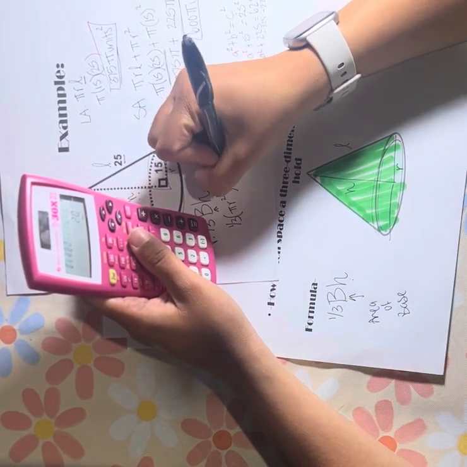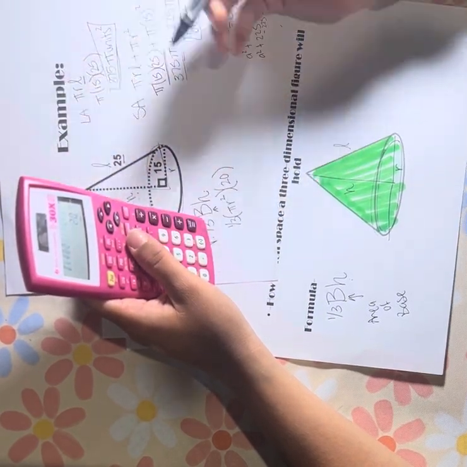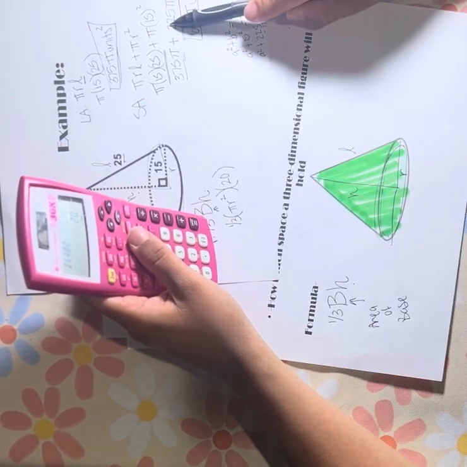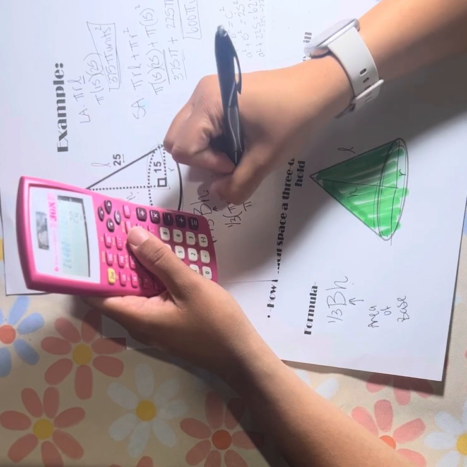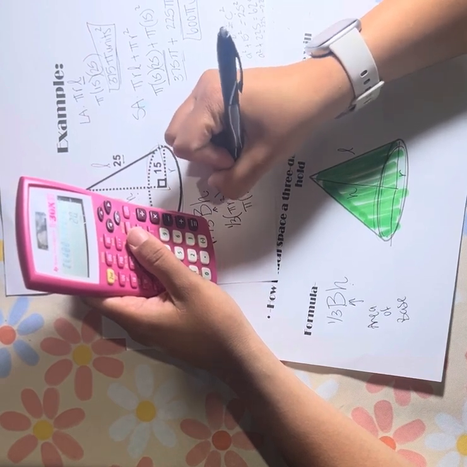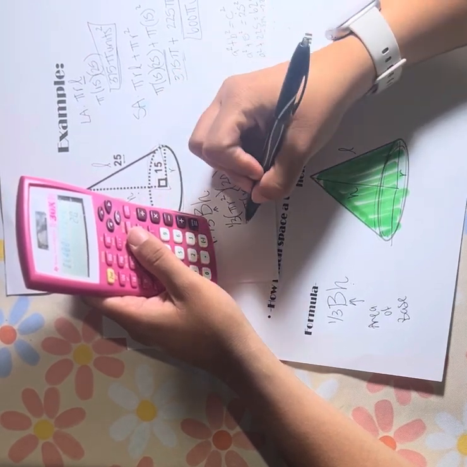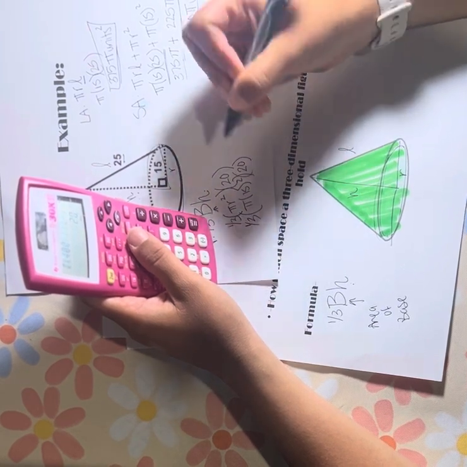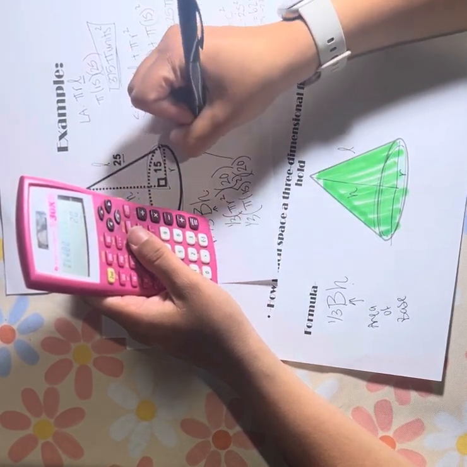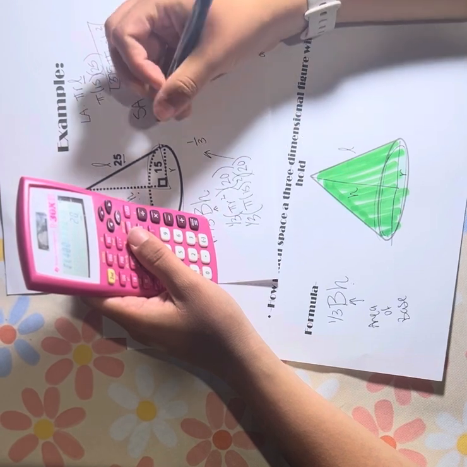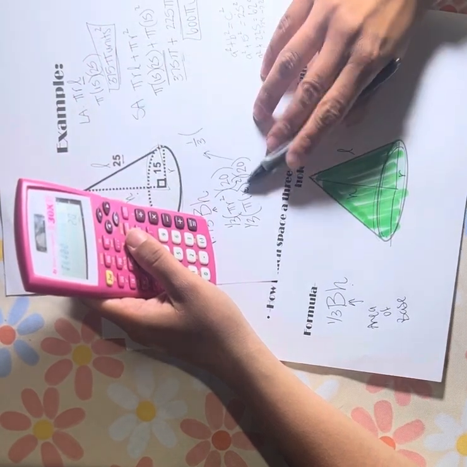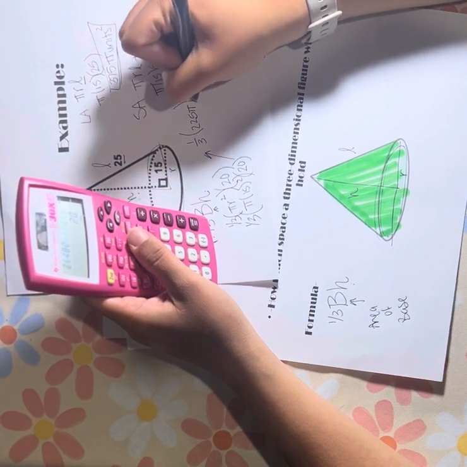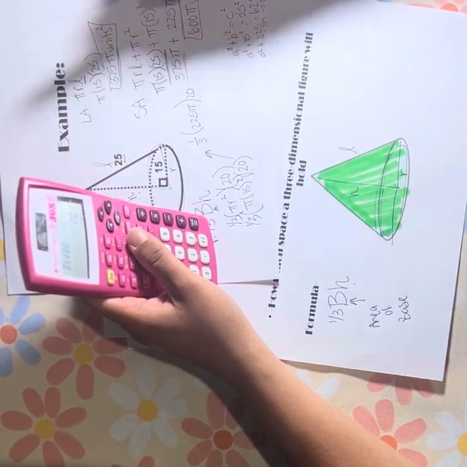And so we can put that in as well. We did do pi r squared up here, so we know that it's pi times 15 squared times 1/3 times 20. And we know that 15 squared equals 225 pi times 20.